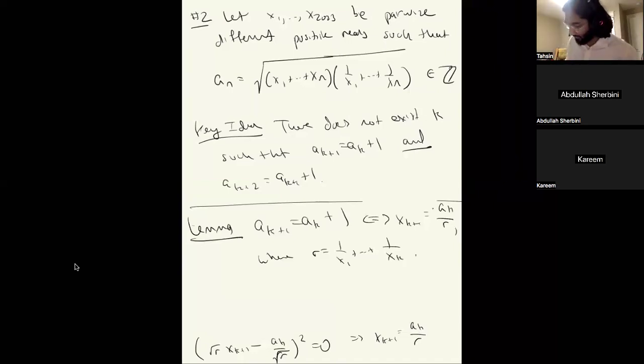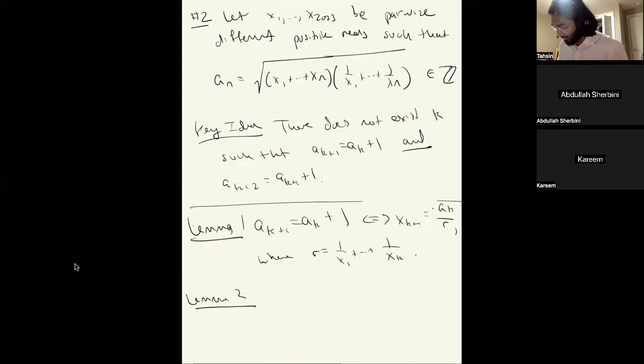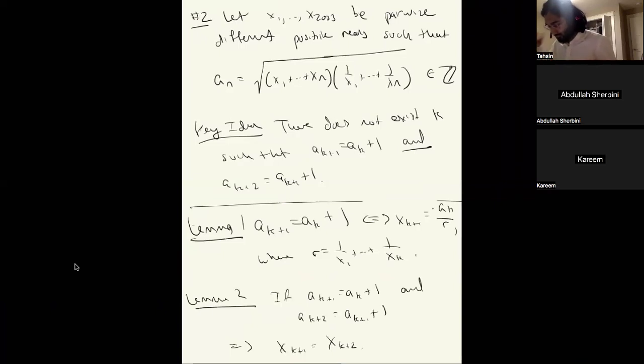Okay, and then maybe lemma 2: if ak plus 1 equals ak plus 1 and ak plus 2 equals ak plus 1, then xk plus 1 equals xk plus 2. And that's some kind of straightforward calculation.